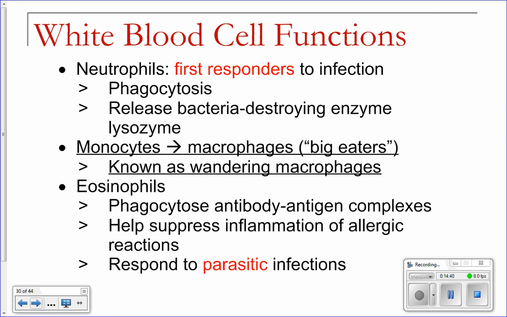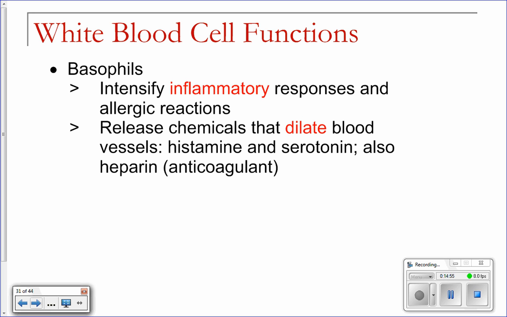So eosinophils also are responding to parasitic infections. So if you have a high eosinophil count, it can be indicative of a parasitic infection of some sort. Okay, basophils. Basophils are also involved in the inflammatory reaction, but they amplify the inflammatory reaction.